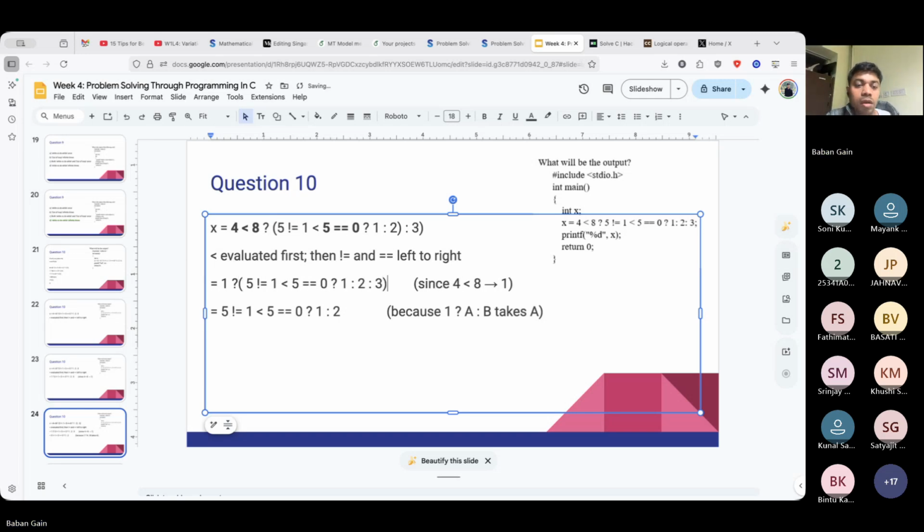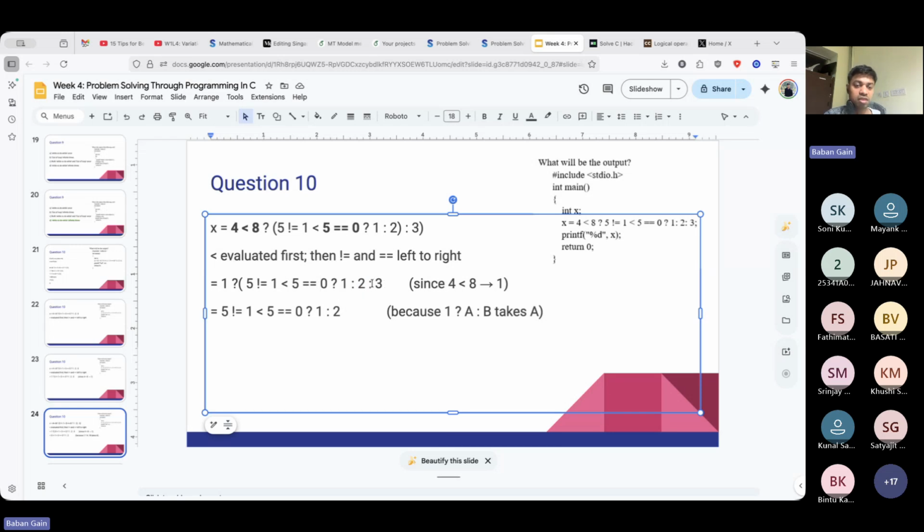Okay. Then the question is that, sorry, this one. So here, for this ternary operator, these two are the values, and for this ternary operator, this is the value.